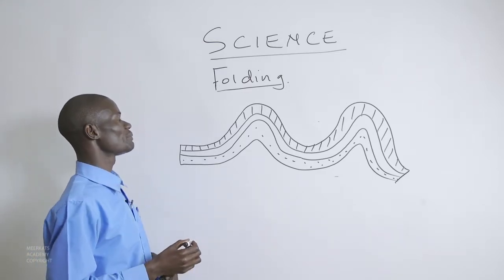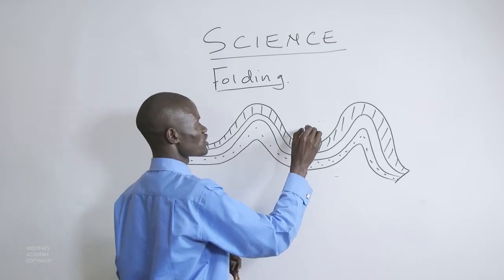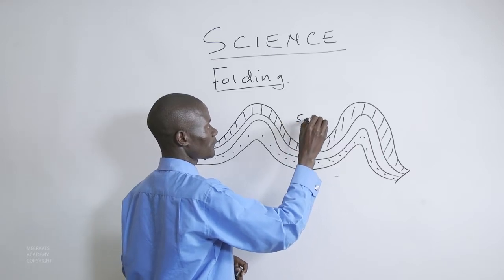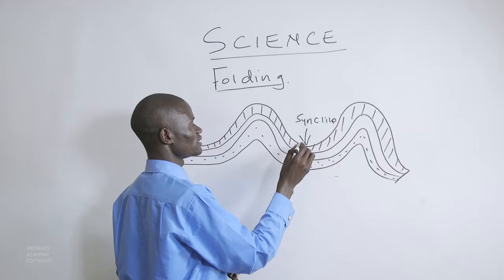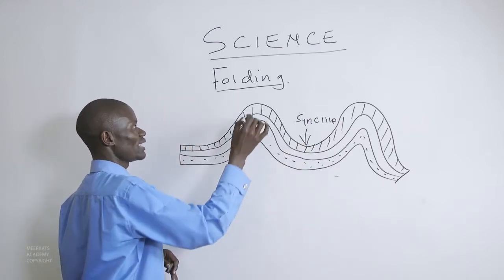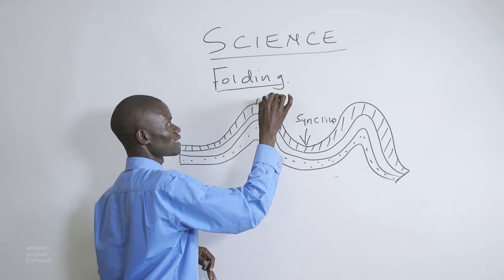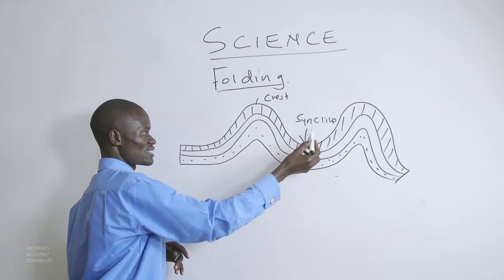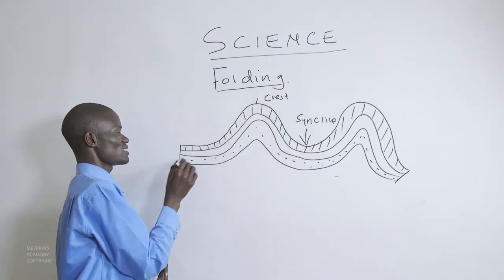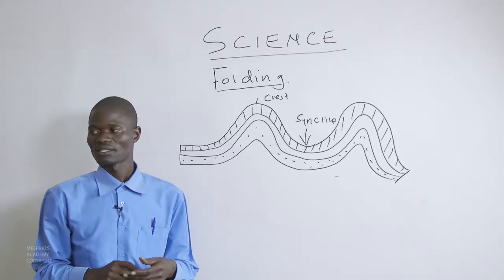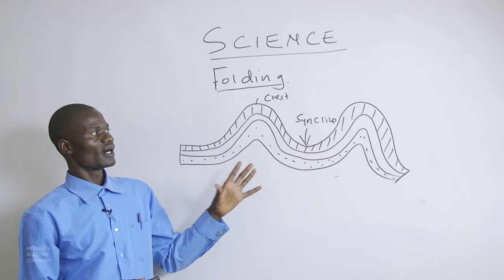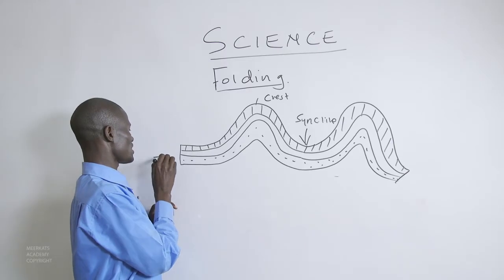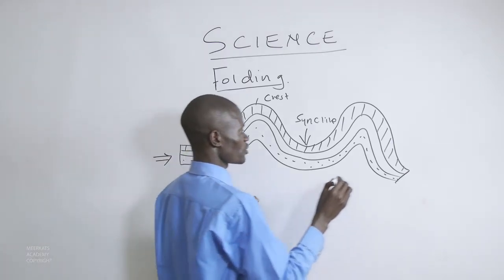Therefore, the downwarped trough is referred to as syncline. This is also called the trough, while the uplifted part is called the crest. This is the syncline and this is the crest, and these are just layers of crustal rock which are bent, they are folded, when they are subjected to compressional forces.